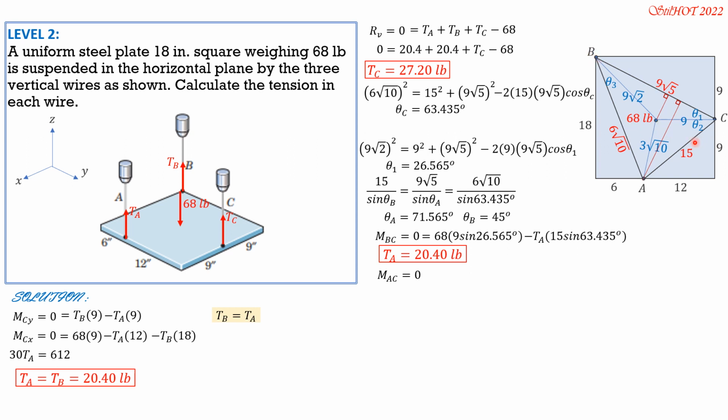So it is equal to tension B times perpendicular distance, which is 6√10 sine of theta B. Sorry, sine of theta A rather, because if you have a perpendicular distance here, the hypotenuse is 6√10 and the angle opposite it is theta A. So sine of theta A. Then minus 68 times this distance, 9 sine of theta 2, where theta 2 is theta C minus theta 1, and theta 1 is 26.565.